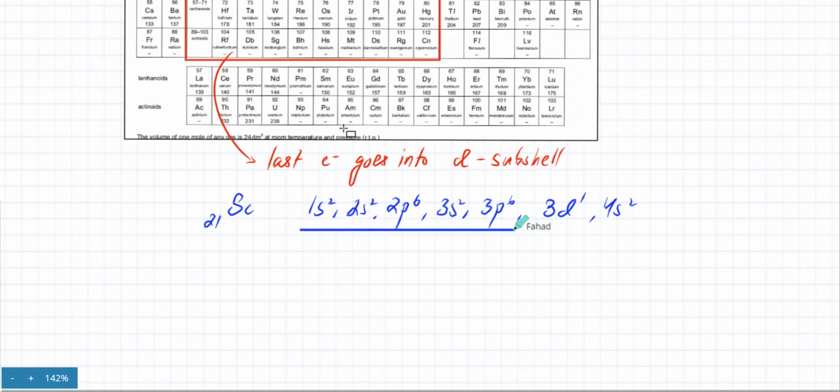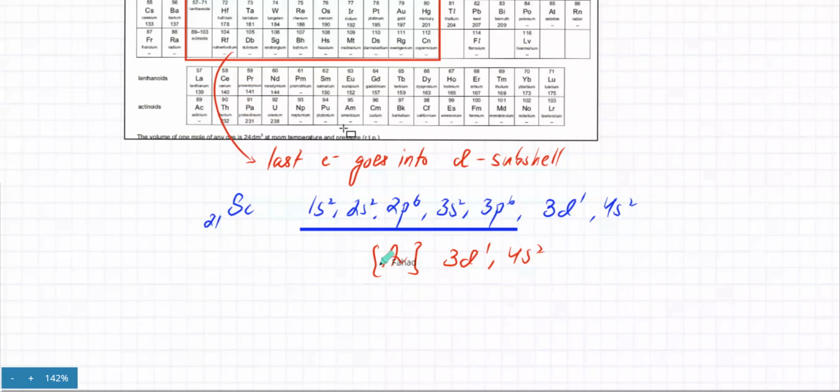This is 18 electrons, so you could write this as argon, followed by 3d1 and 4s2. And the rest of them are going to have exactly the same electronic configurations. It's not going to be different.